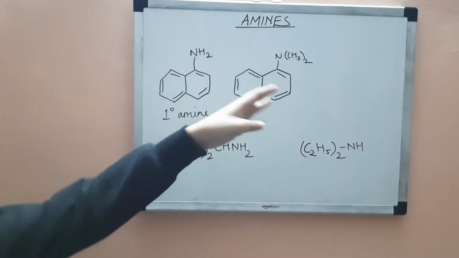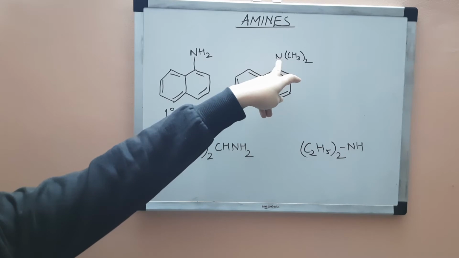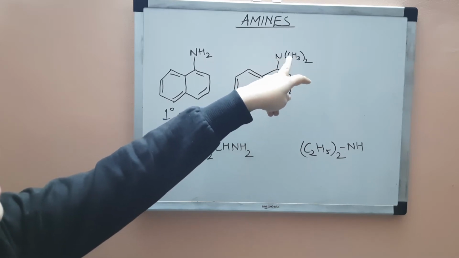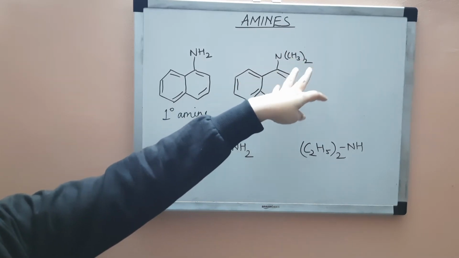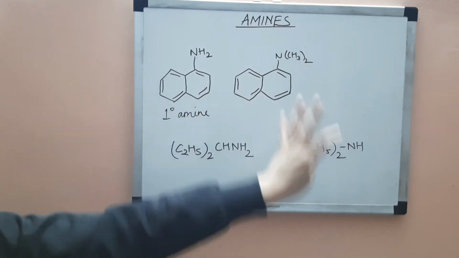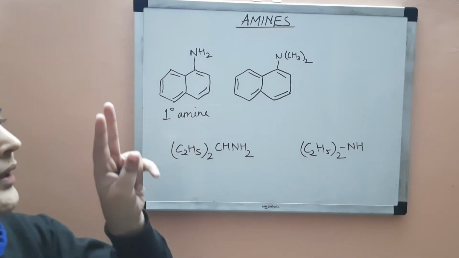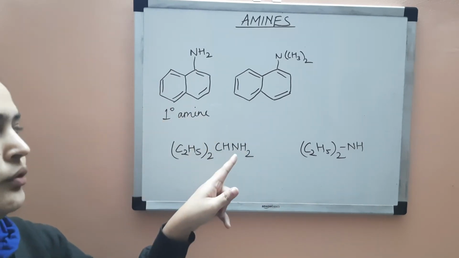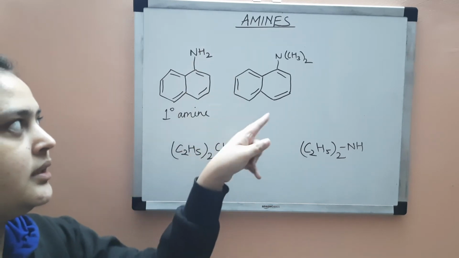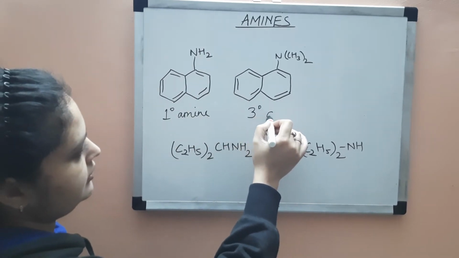Now here you can see that the nitrogen atom is attached to three alkyl or aryl groups. Two alkyl groups are there and one aryl group is there. So all three hydrogen atoms of the ammonia are replaced by alkyl and aryl groups. Therefore, this amine is a tertiary amine.